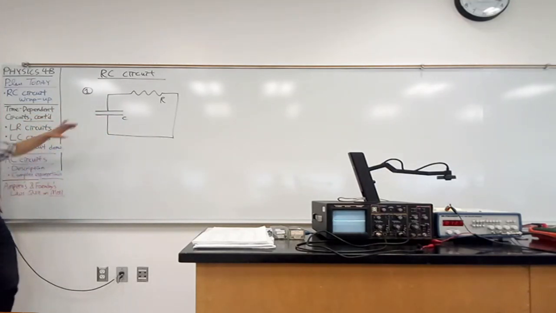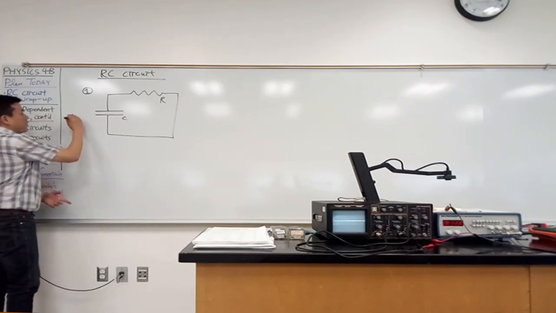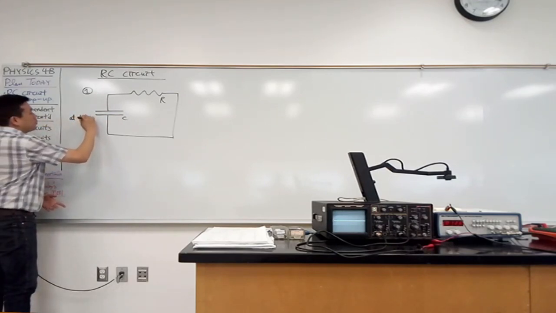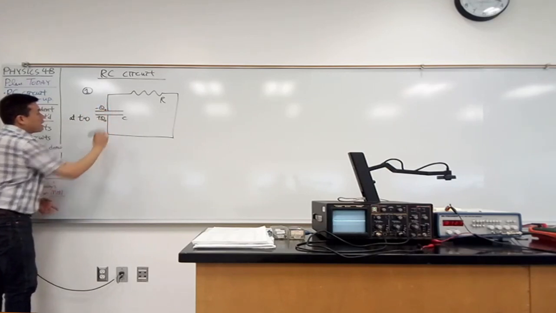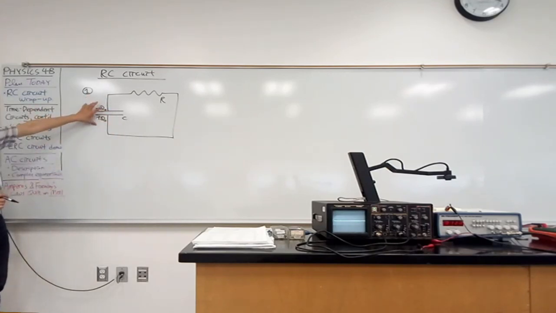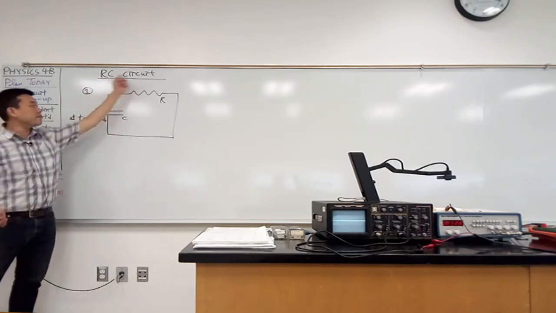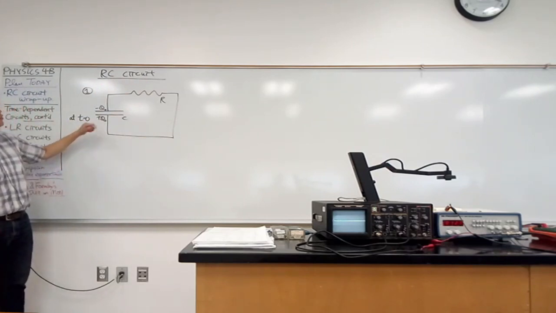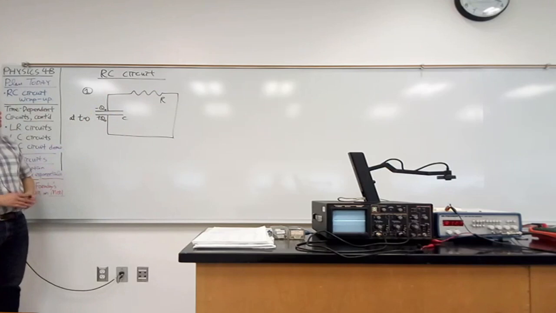So to get something interesting out of this, what you have to imagine is that you charged up this capacitor initially, so that at time equals 0, you had some charge plus Q naught and minus Q naught on this capacitor. And that at some time you connected the circuit and then let current start to flow, I guess, this way through the circuit. That's what you have to imagine.